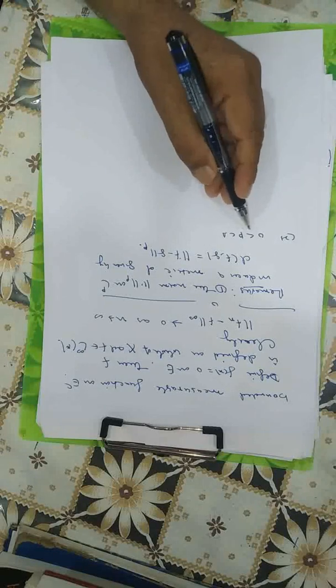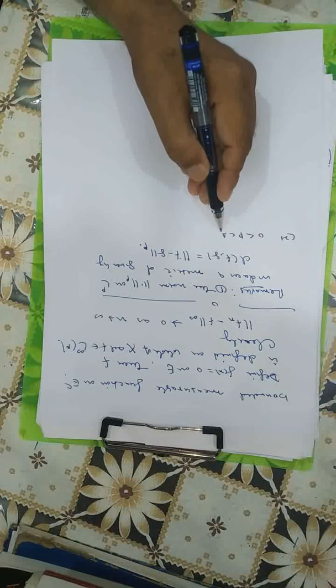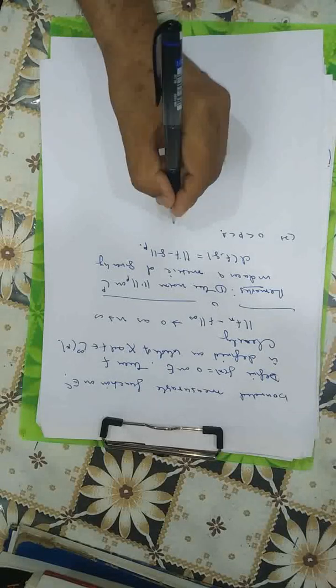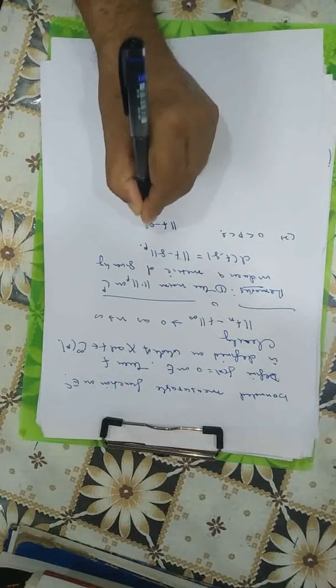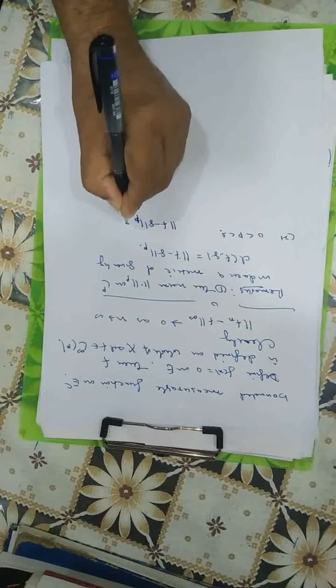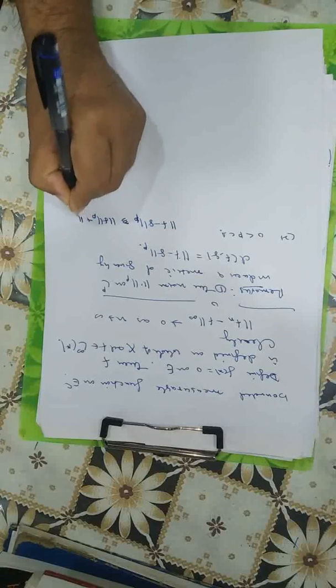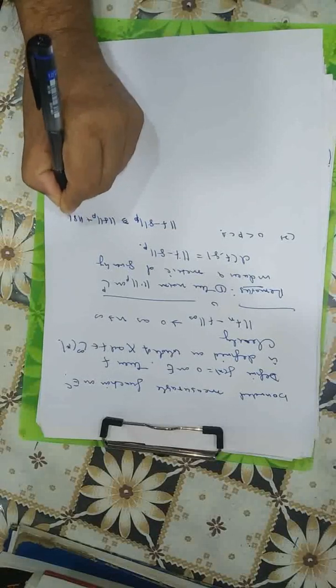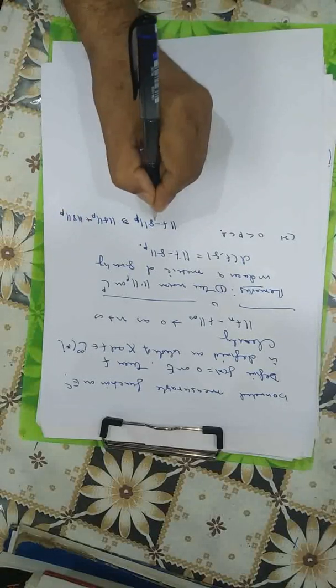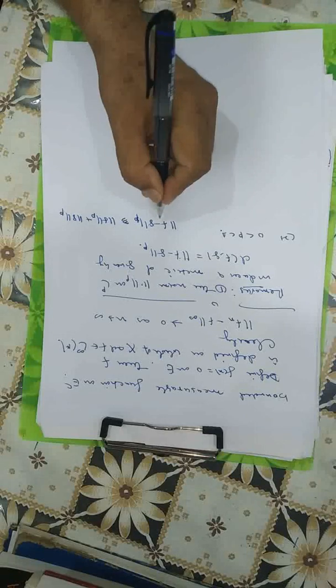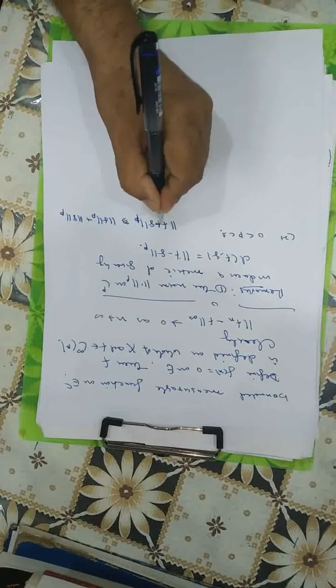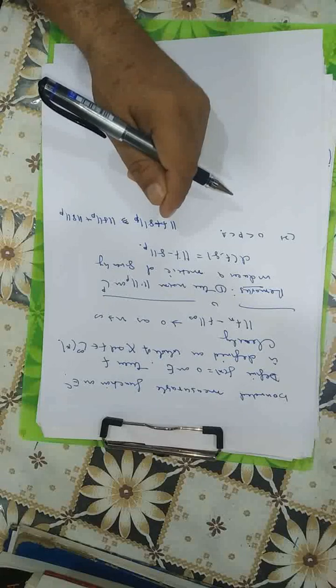So what you see here is that when 0 less than p less than 1, the Minkowski inequality is reversed. That is, the norm of F plus G will be greater than or equal to the norm of F plus the norm of G. So this Minkowski inequality is reversed.